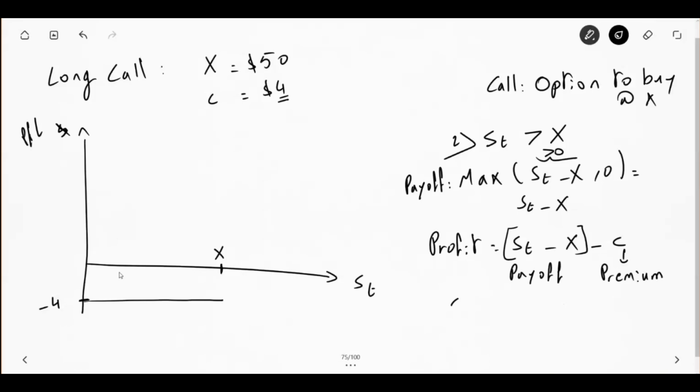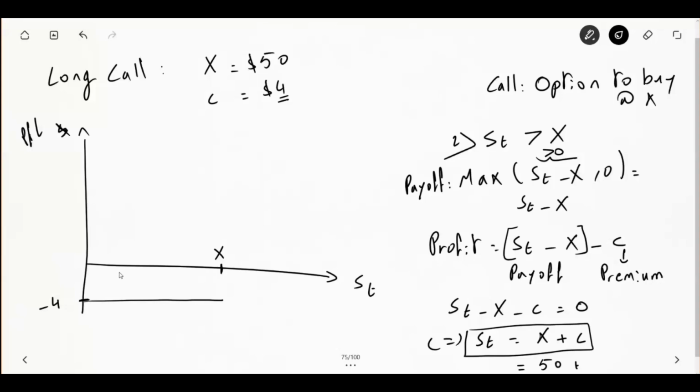So I will have ST minus X minus C is equal to 0. In this case, the stock price is equal to X plus C. So this is the general break-even point for a call option. The stock price is equal to X plus C. In my example, ST should be equal to 50 plus 4 equals 54.